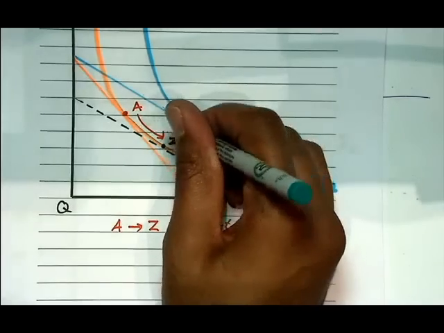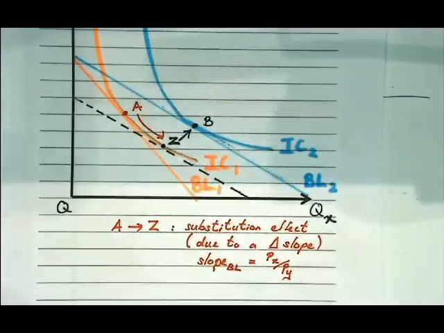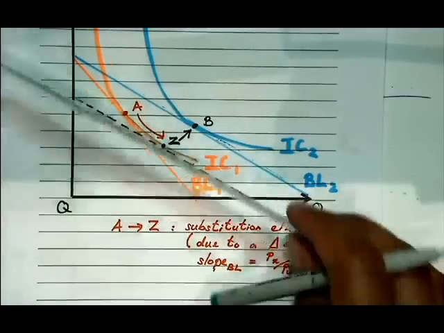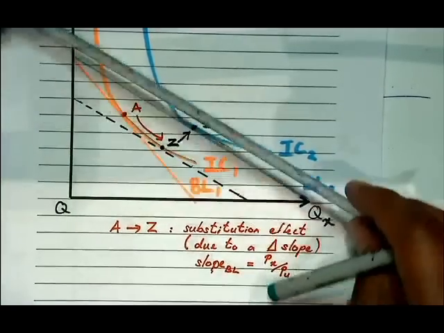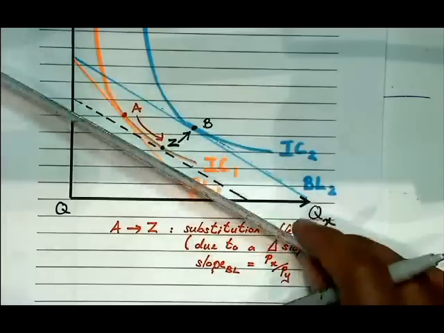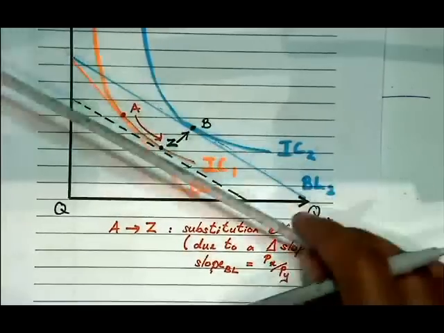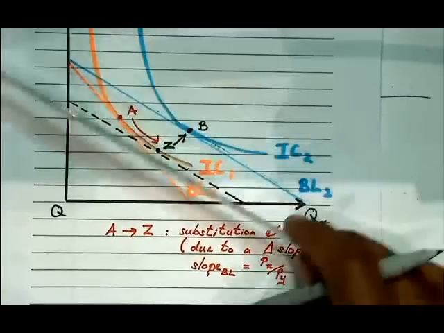Z to B. Have we changed the slope? Z to B. It's a parallel shift, isn't it? Parallel shifts are all about changes in income.